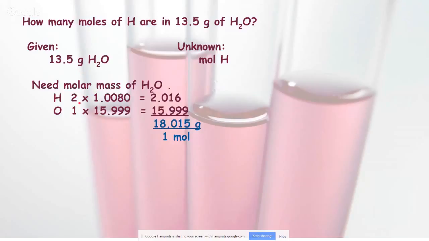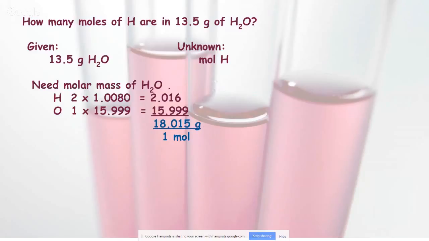So 2 atoms of hydrogen times its formula mass gives you 2.016. 1 atom of oxygen times its molar mass, 15.9999, add them together, and we get 18.015 grams of water in 1 mole. Units, please. You need to make sure that you use the units.